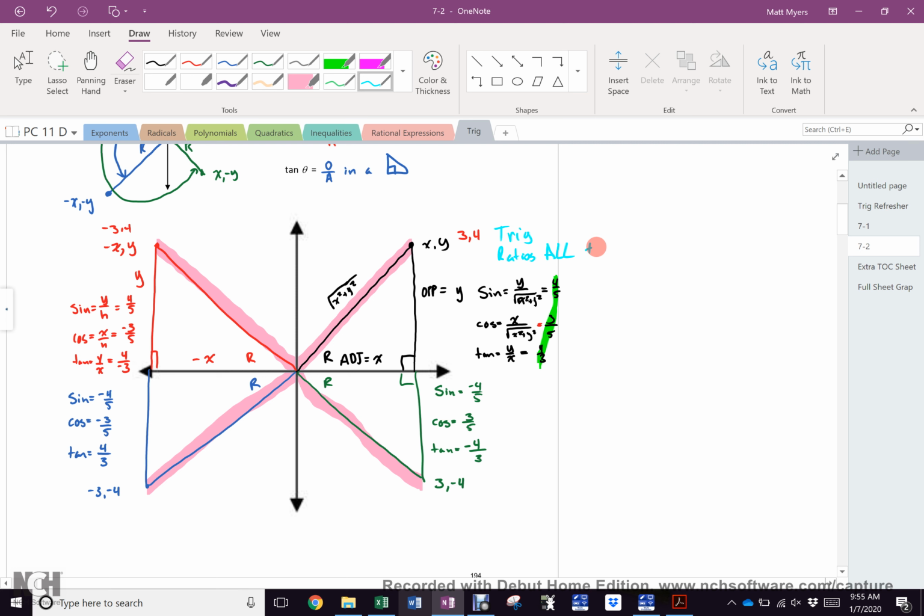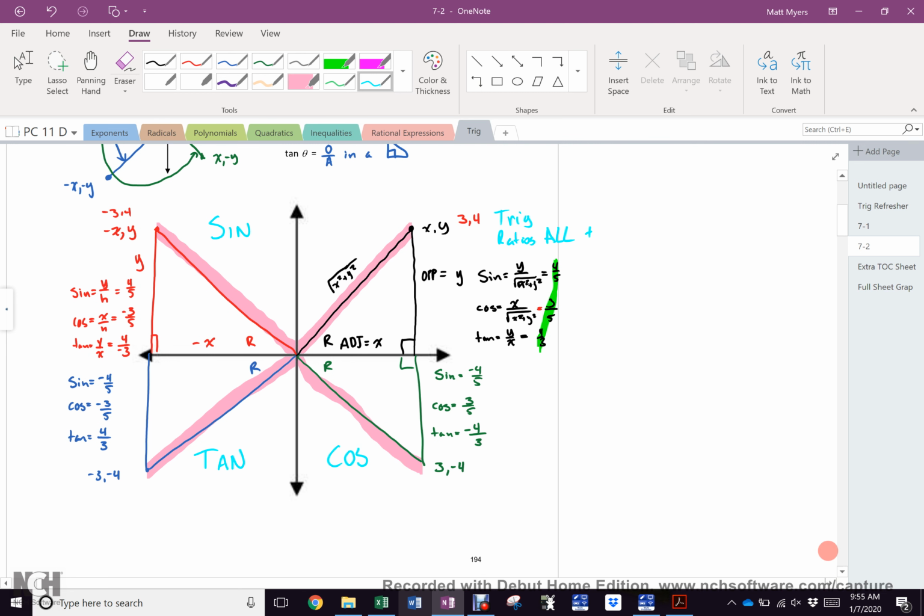Right? What do you notice in quadrant 2? So what's the only positive one? Sine is positive. What's happening in quadrant 3? Tan is positive. What's happening in quadrant 4? Only cos is positive. And that sets up a new SOHCAHTOA-like thing.